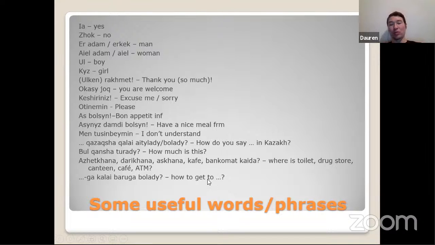How to get to Central Stadium. Орталық стадионға қалай баруға болады? Or just say stadium, yeah. It's probably better, I guess, because stadium and стадион sound kind of similar. So for any place, just add ға in the end of the place and қалай баруға болады.